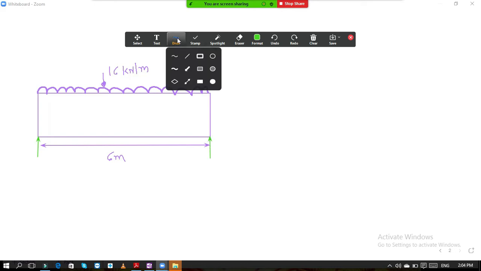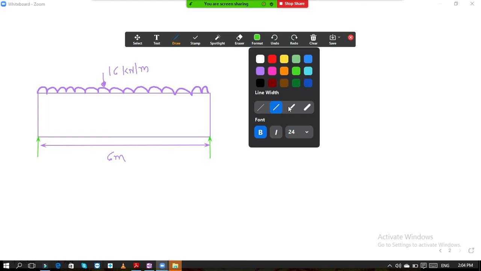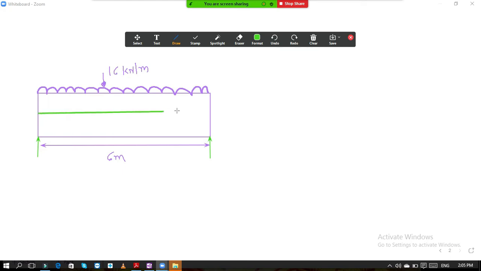So this is the simply supported beam now. Now we will draw the neutral axis. This is the neutral axis of the beam. And now we will draw the tendon profile, the tendon line, and this is the tendon line. The prestressing force is applied to this tendon somewhere here, and the value of this force is 960 kilonewton.